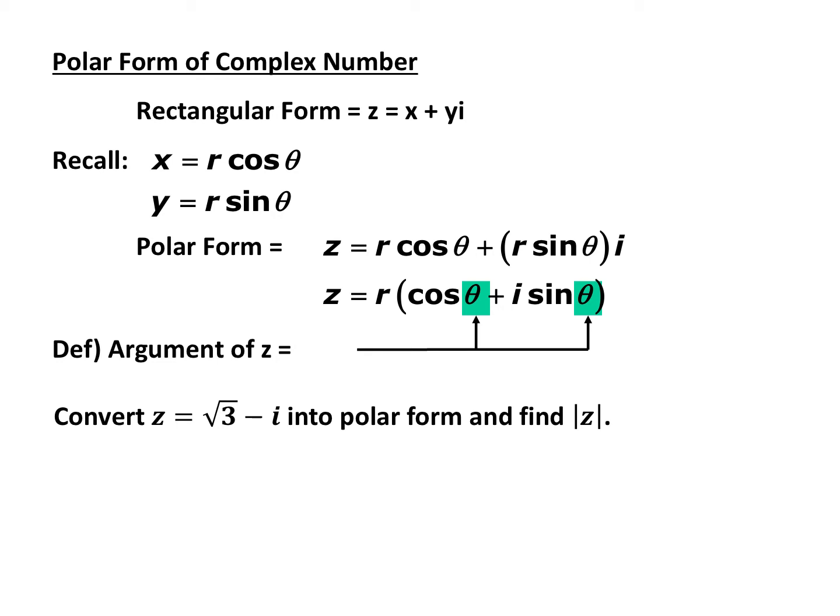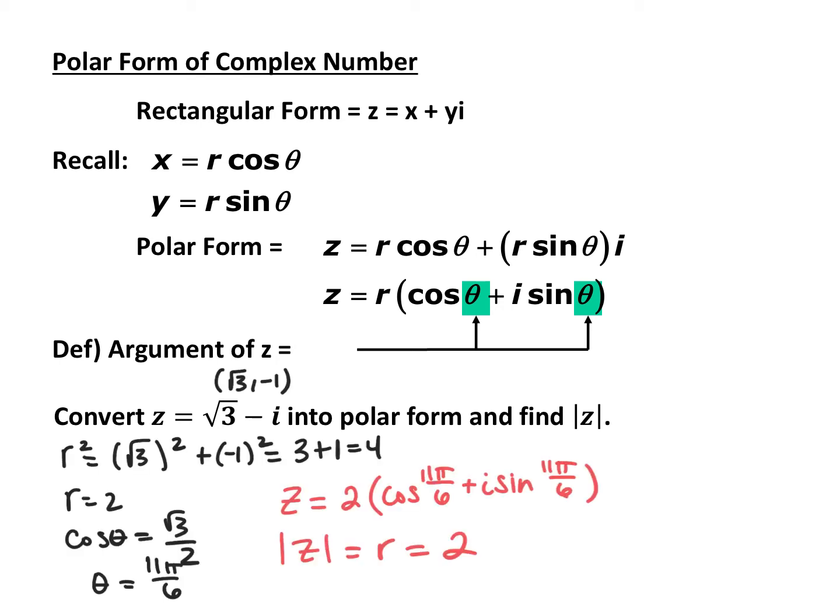So use that information to convert z equals root 3 minus i into polar form, and also find the magnitude of z. Go ahead and pause the video and try that one. So I just converted root 3 minus i into the point root 3, negative 1, and we converted those into polar form in previous sections.